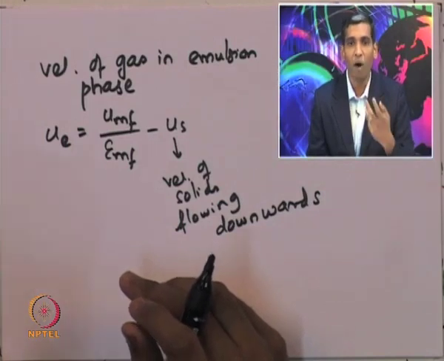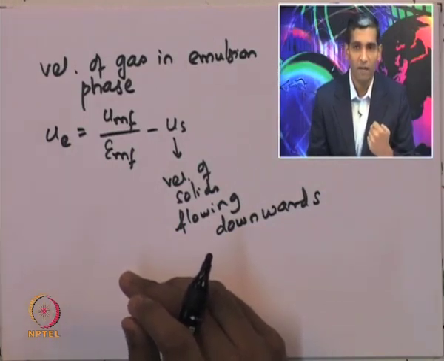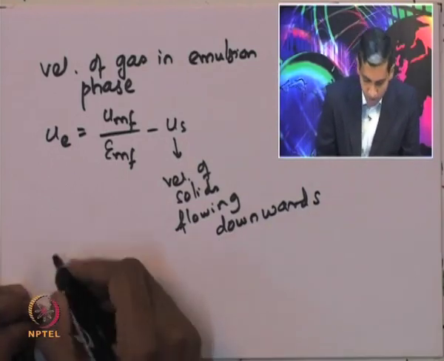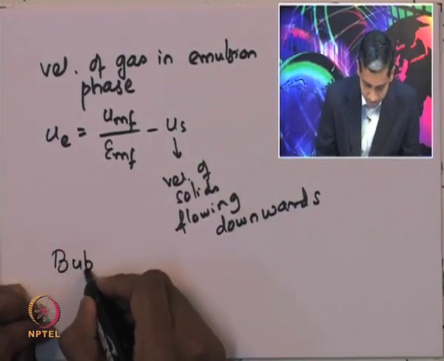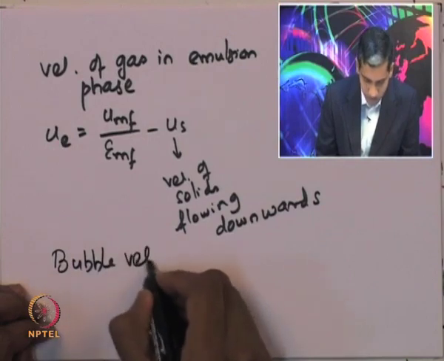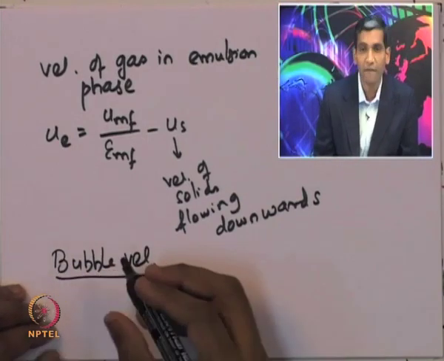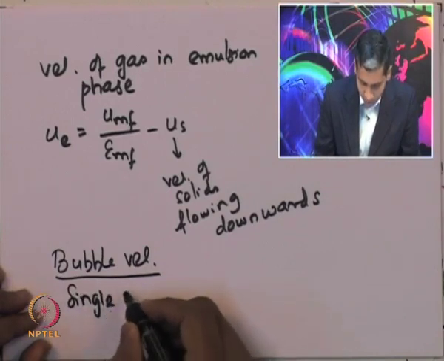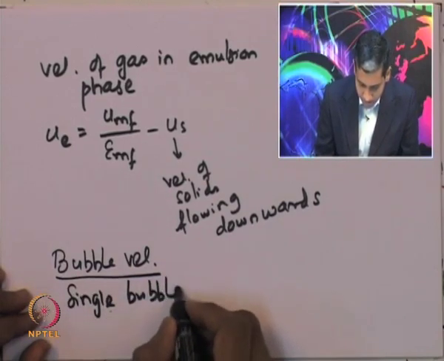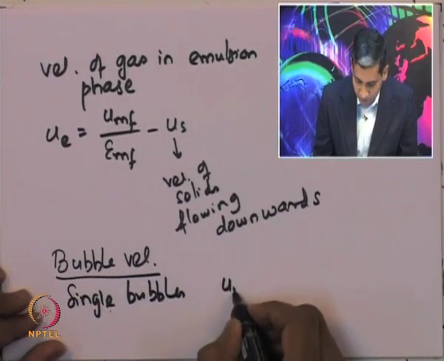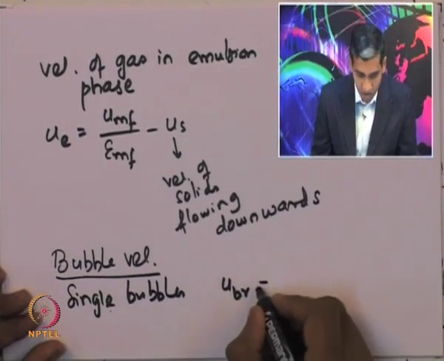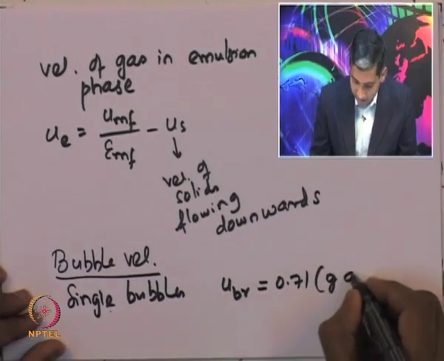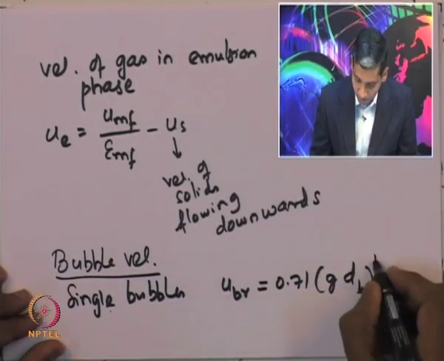Let us look at how to estimate this velocity of the bubble which is rising inside the fluidized bed reactor. The bubble velocity is calculated for a single bubble. There are correlations that exist for single bubbles, which is given by UBR equal to 0.71 into gravity into diameter of the bubble, to the power of half.